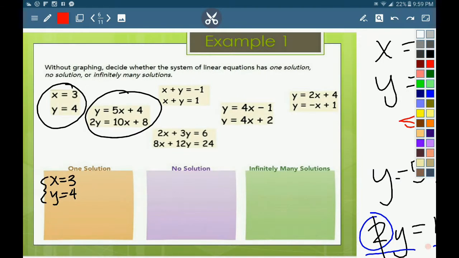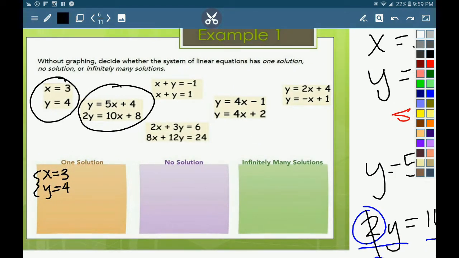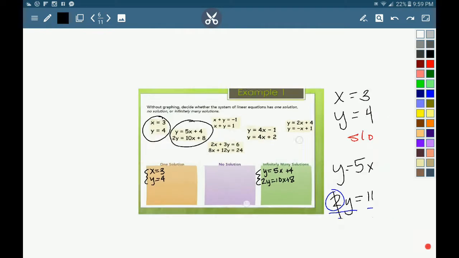It's a line sitting on top of itself. So I'm going to write y equals 5x plus 4, and 2y, I'm going to write the original system, 2y equals 10x plus 8, and I'm going to put my fancy schmancy bracket around it so I know that they're together. So now I have about 4 more systems I need to analyze here.